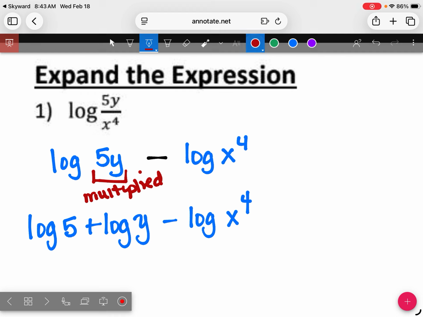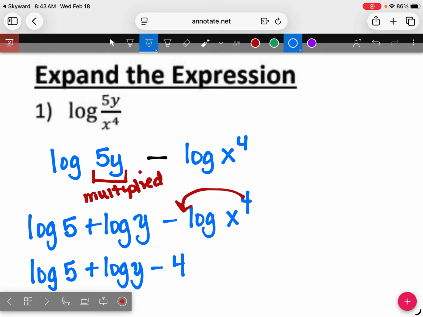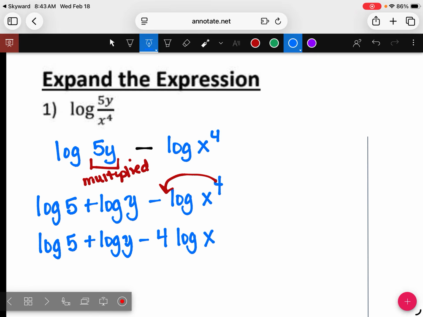We're going to move that to the front of its log. So your final answer would be log 5 plus log y minus 4 log x. So what we just did was we took this expression and we expanded it all the way down.